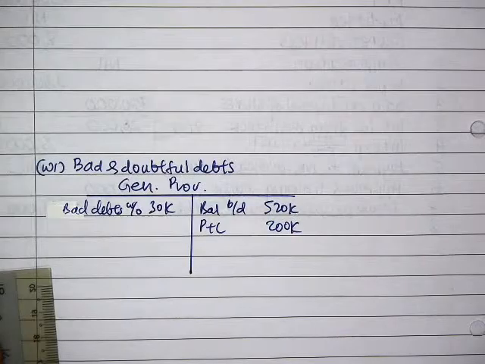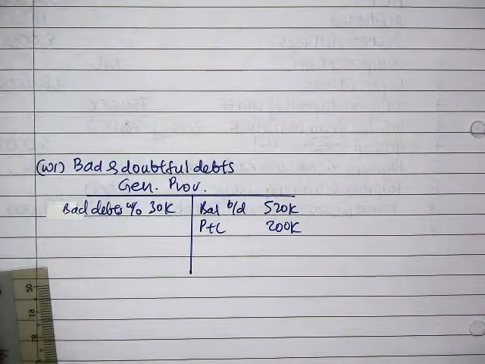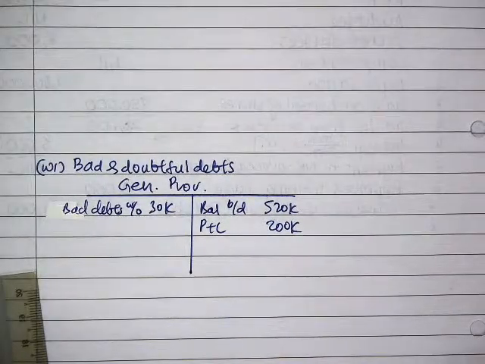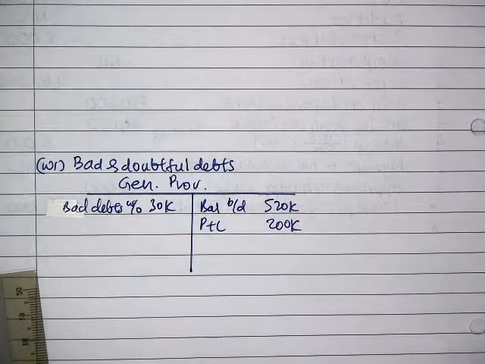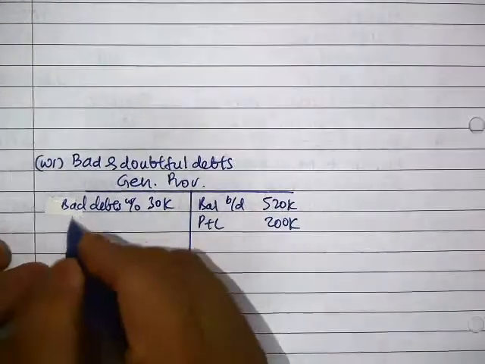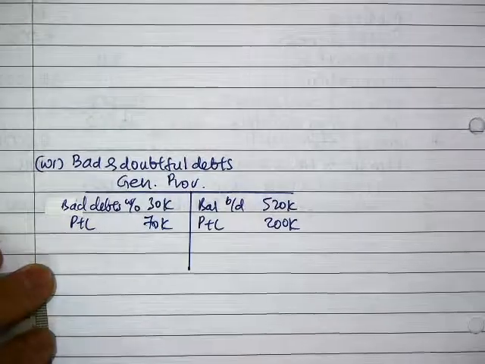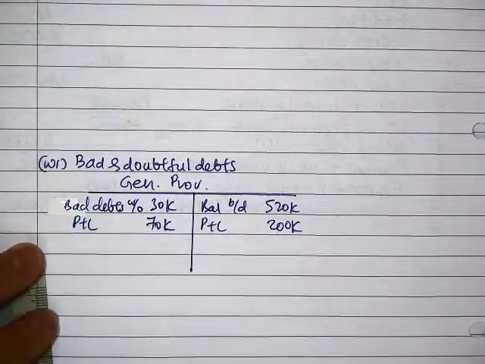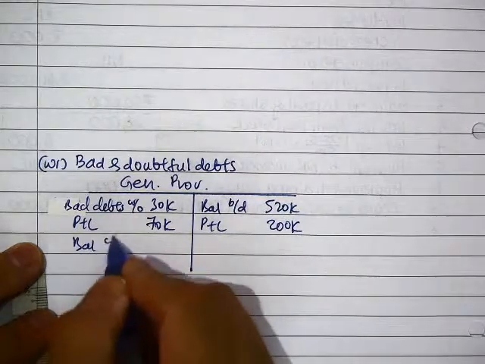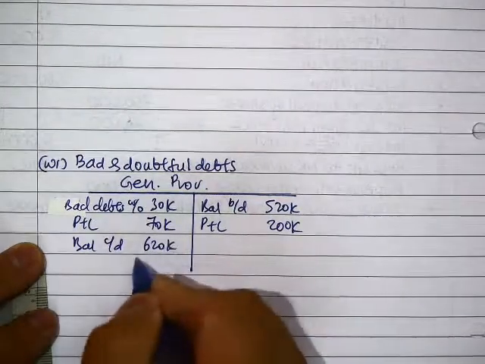Now they also mentioned that there's an amount written back. Written back means you release back. Okay. So if you release back, then you release back the 70,000. So that's how balance carried down becomes 620.